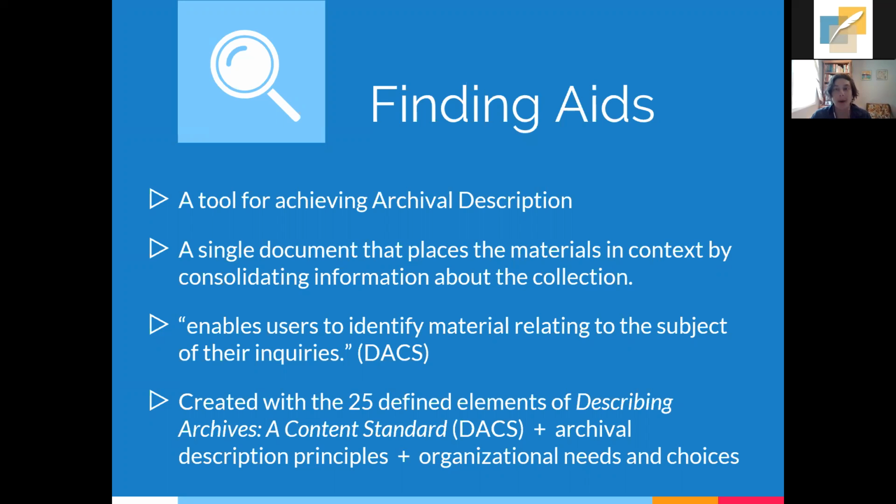You don't need to stress about knowing or using all 25, but creating a finding aid should also be guided by the set of principles of archival description in DACS, which again, we'll talk about a little bit later, and how these principles help shape the archival description that you write. And of course, the finding aid must also serve your organization, its specific needs, and its users. So what goes into writing the finding aid will in part be determined by your unique institutional circumstances as well.